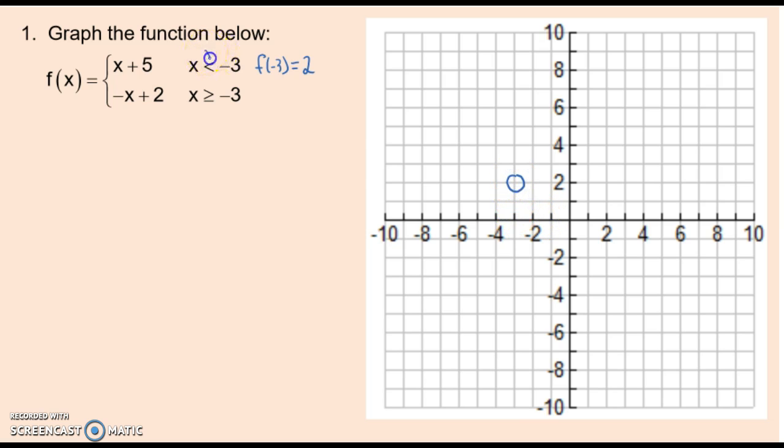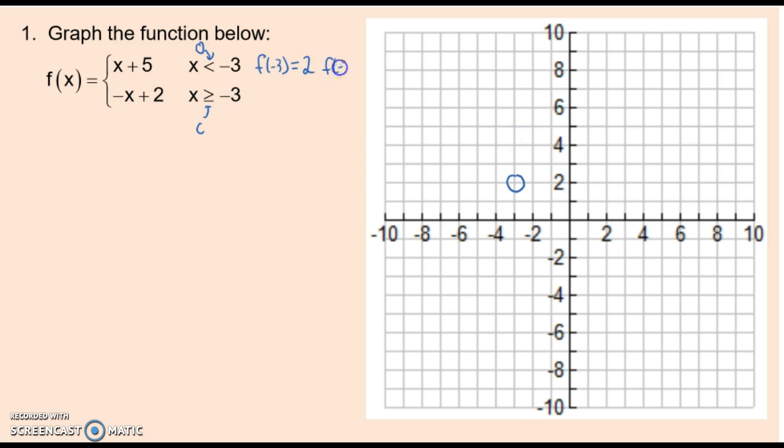I'm going to label these open and closed, just so I know there's a difference between the two. Now, great, I've got a point, but that does not give me a line. So I need a little bit more information. Normally if we're given a line in slope-intercept form, we would graph the intercept and then use the slope. I think that might be a little more challenging here, and it's much easier, in my opinion anyway, if we just pick another value and plug that in.